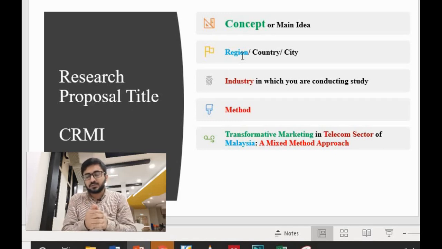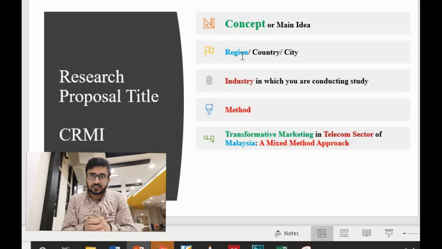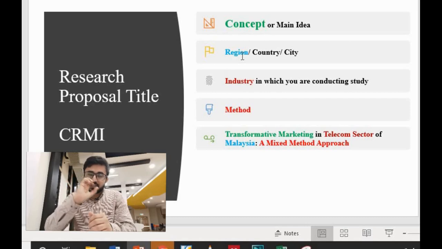For example, you want to study the future of fintech, or the future of transformative marketing, so then you will use an industry as a case study or as a data collection area to validate or confirm your theory. I will explain it in detail in the research methodology course. But over here in the title you just have to mention which area you are going to study.